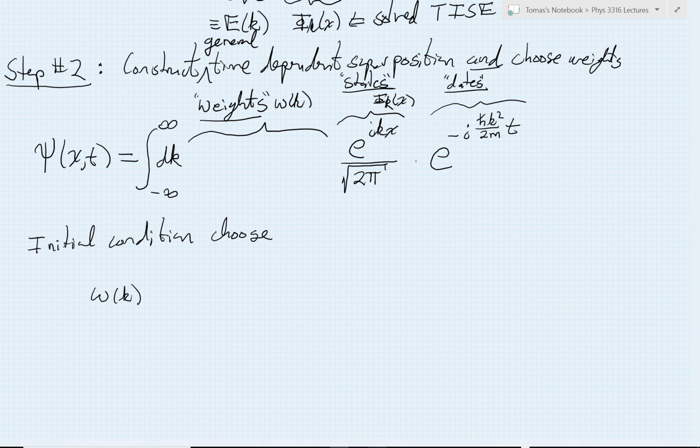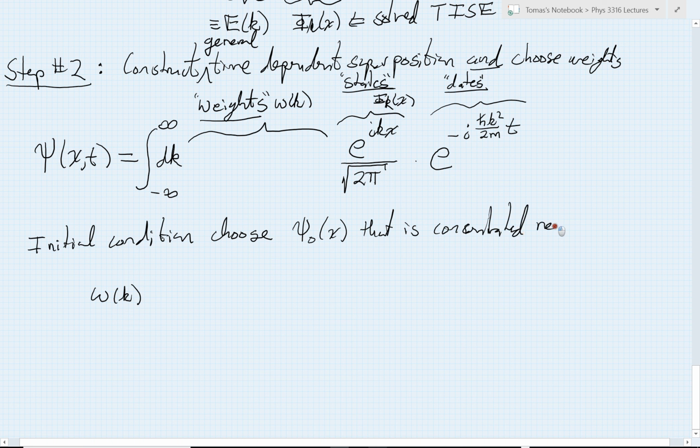So for the initial condition, choose a wave function, psi naught of x, that is concentrated near some momentum, near p equals, say, p naught, which then defines for me h bar times some k naught equivalently. So I'll make my weights some function that's peaked around that.